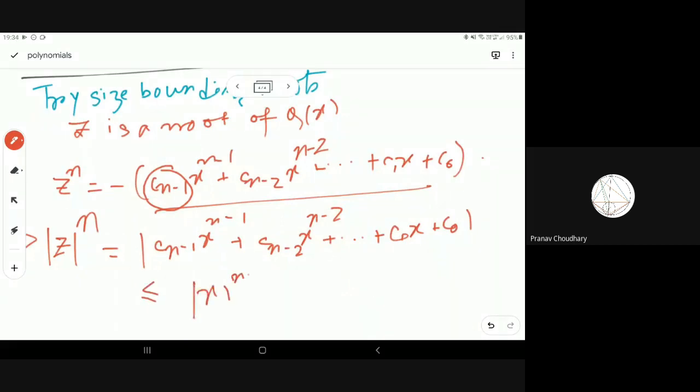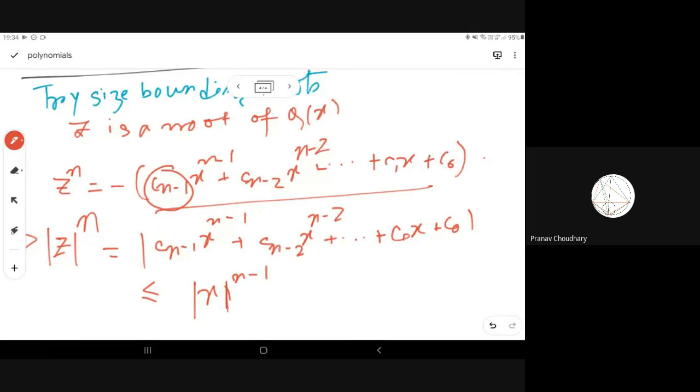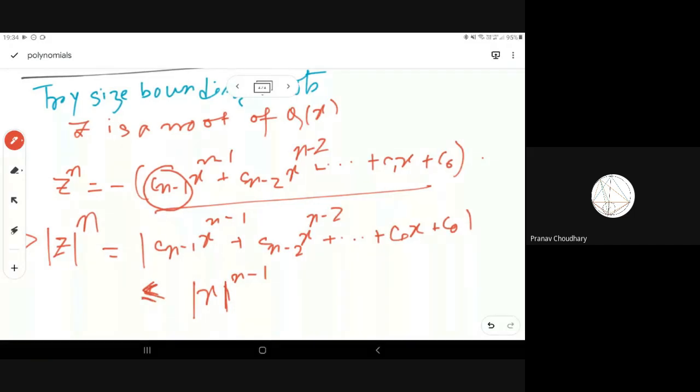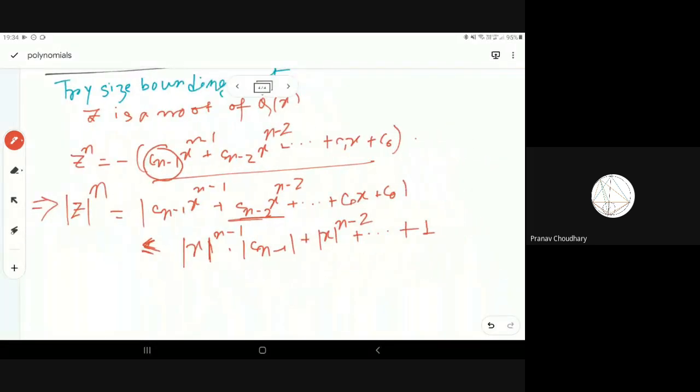Using the triangle inequality, this is less than or equal to the absolute value of z to the n minus 1 times the absolute value of c_{n-1}, which is 1, so I'll just omit it, and write the absolute value of z to the n minus 2 plus, up till, 1. I used x and z interchangeably here.